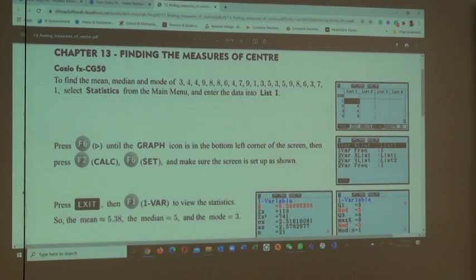Press calculate, then press set, and you will see the following screen. So the mean is the X bar, the median is MED that you see, and the mode is just MOD. N will tell you how many data you input. So if your N is not the same as the number of data, then there's something wrong.